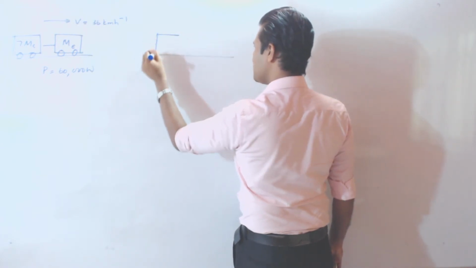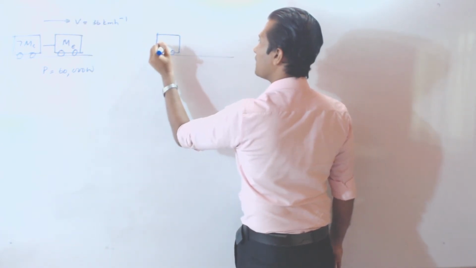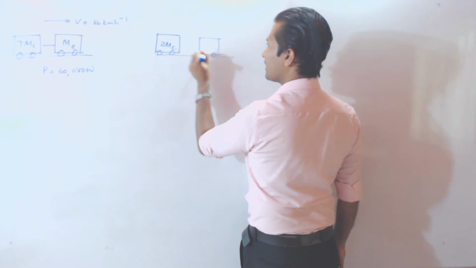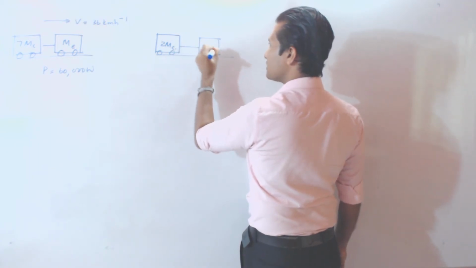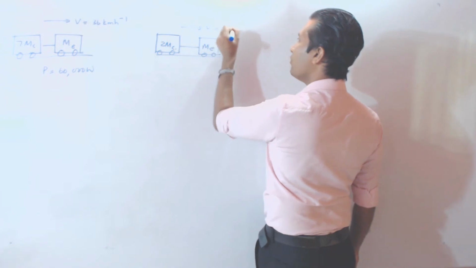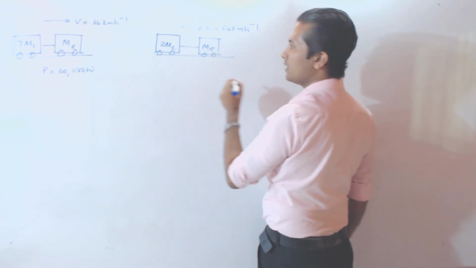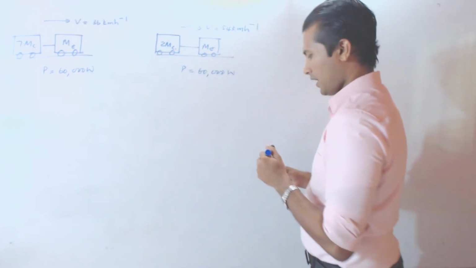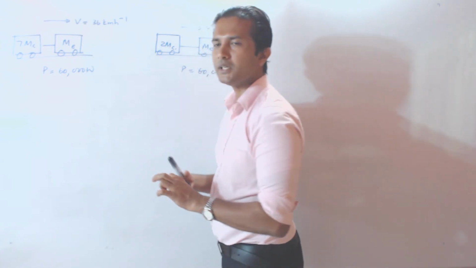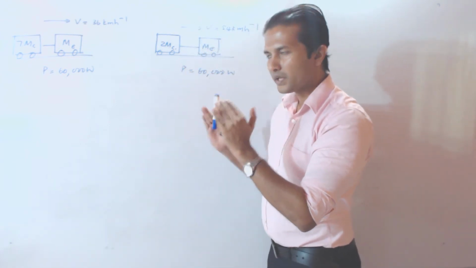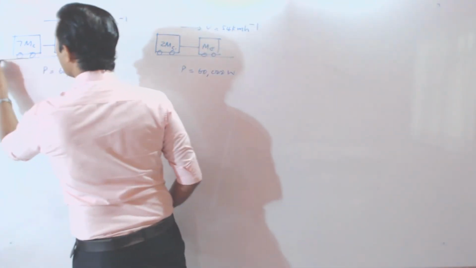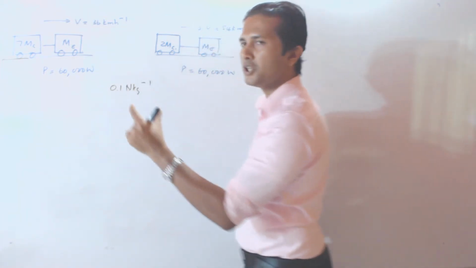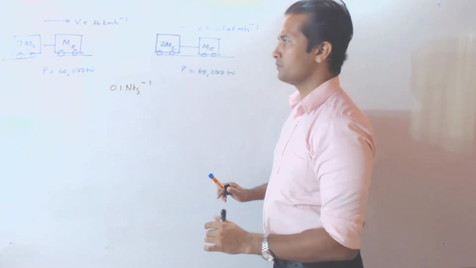For another instance, it carries 2 carriages only. The speed is given as 54 kilometers per hour. The power is the same, 60,000 watt. And you may have to consider the friction is 0.1 newtons per kilogram.